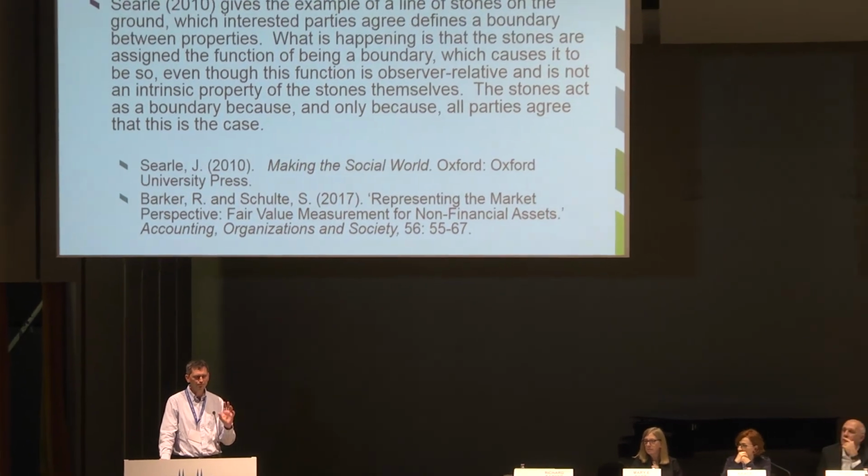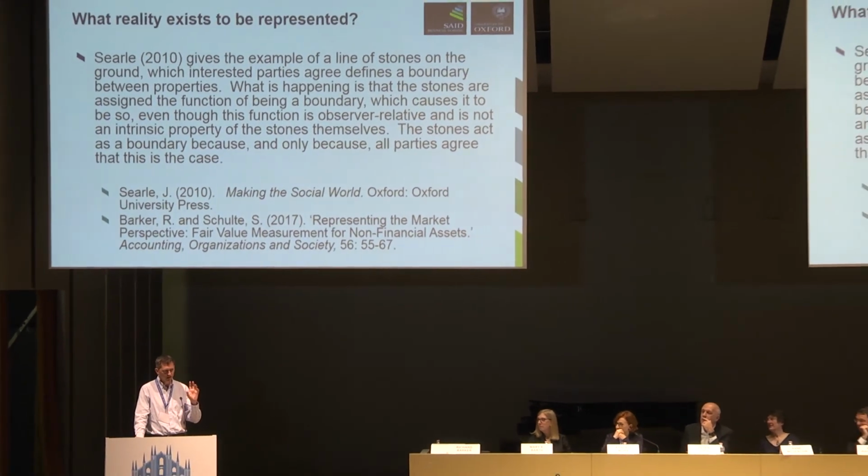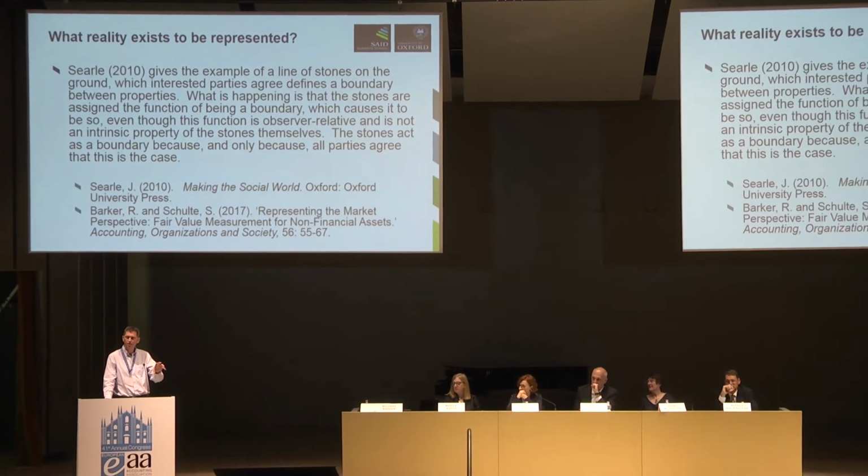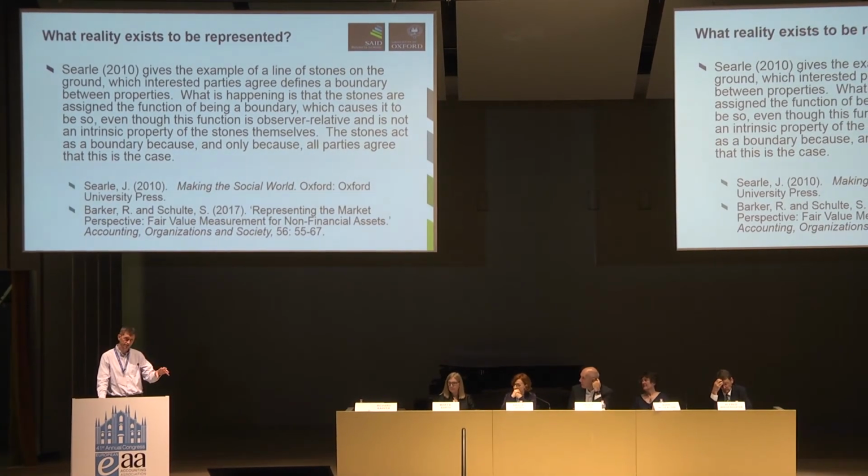The point here is that you have something which is socially constructed. It exists only because everyone agrees that it exists, and they act on the basis that it exists. So the wall acts as a boundary because we agree it's a boundary, and we respect the rights and obligations associated with the boundary because we have a consensus view this thing exists.